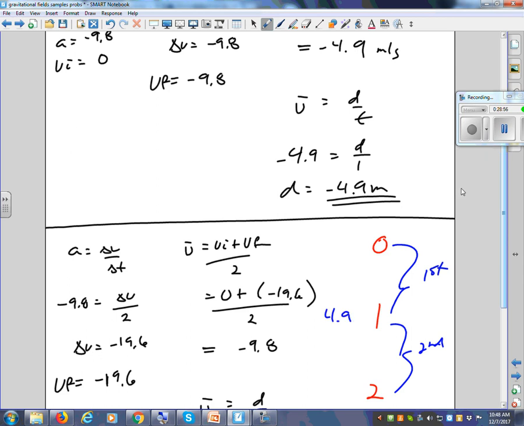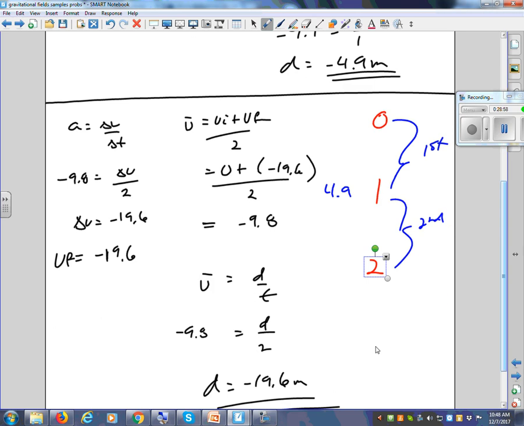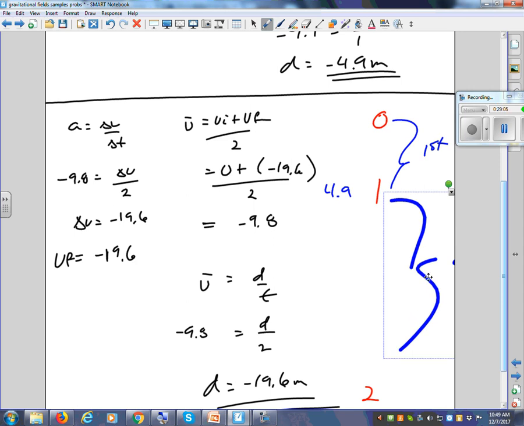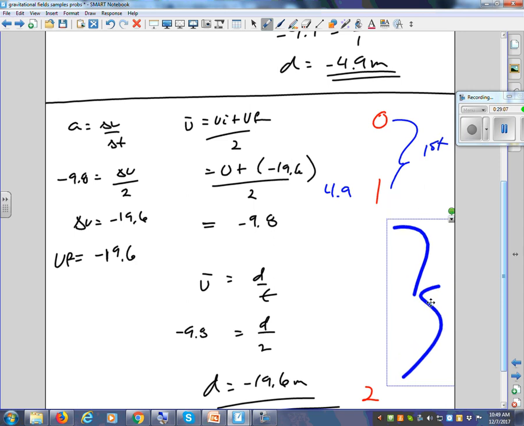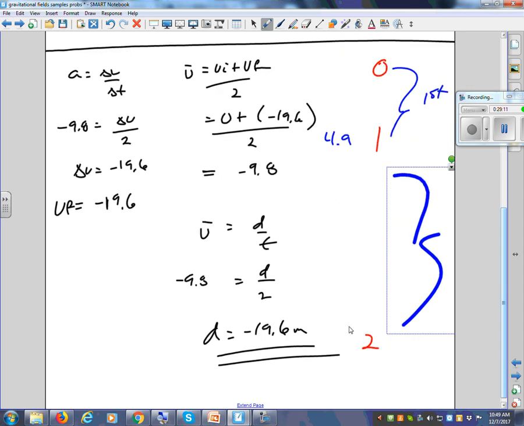4.9. After 2 seconds, this 2 is actually way down here, isn't it? How far has it fallen from the top down to 2? Minus 19.6. So how far has it fallen during the second second? 19.6 minus 4.9, which is 14.7.